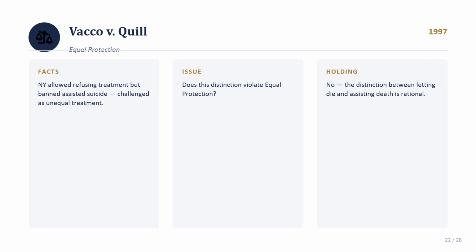And this case pairs directly with Glucksberg, decided the same day, because together they form a genuinely coordinated doctrinal position. They approach two different constitutional angles. Glucksberg says, look, there's no freestanding due process right to assisted suicide. Vacco says treating assisted suicide differently from treatment refusal doesn't violate equal protection either, because the two things are legitimately, rationally distinguishable.